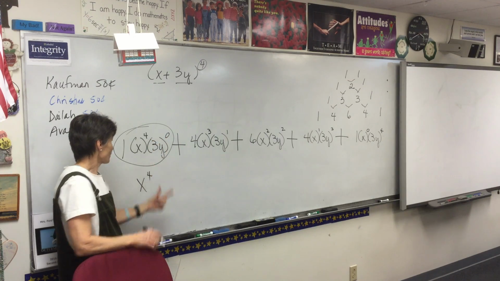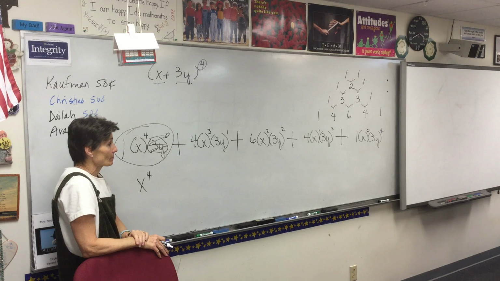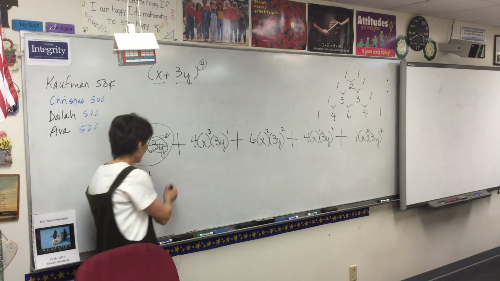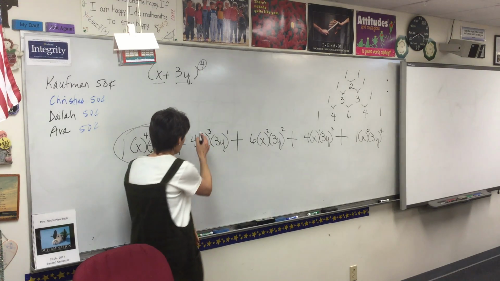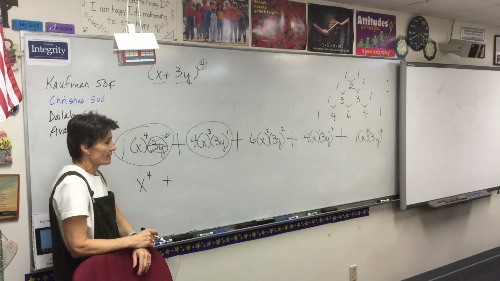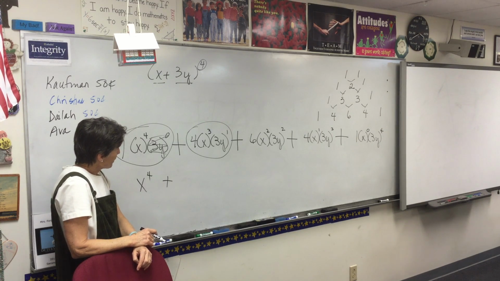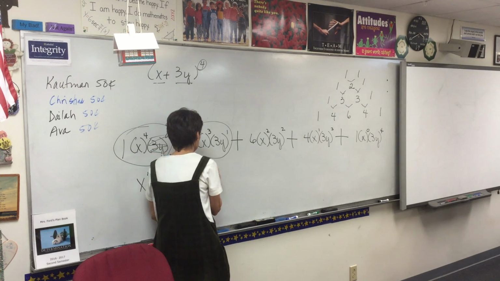So this, right here, is all just 1. All right? So now I'm on to the next term. Everything here is multiplied together. So what do I end up with? 12x cubed y.